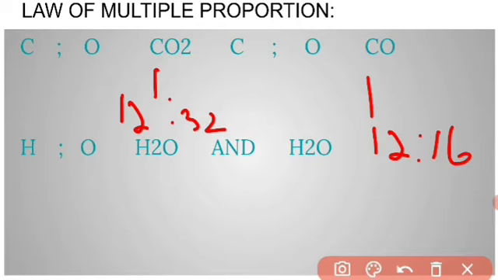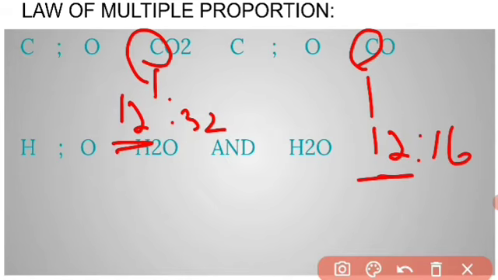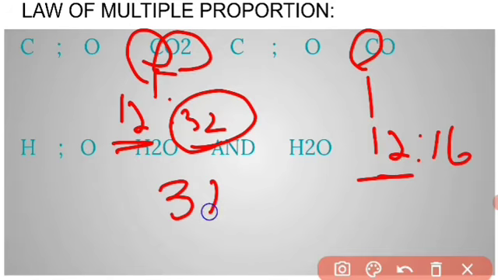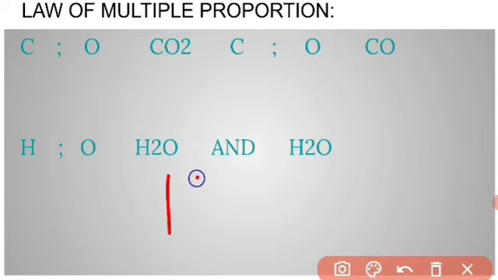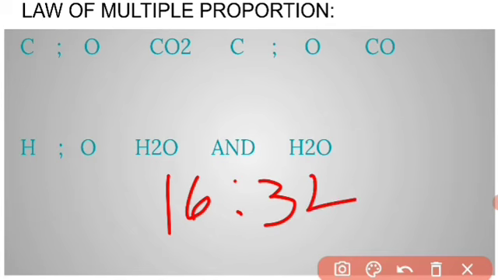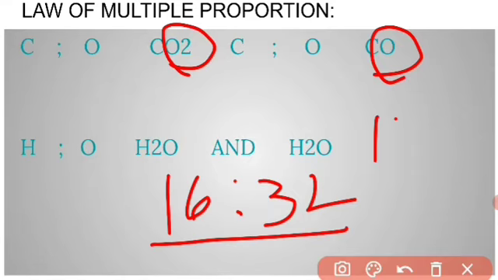If you see here, carbon is fixed, but what is changing is oxygen. In one case it is 32, in another case it is 16. If you compare 32 is to 16, that is oxygen's, you will get the smallest whole number ratio.